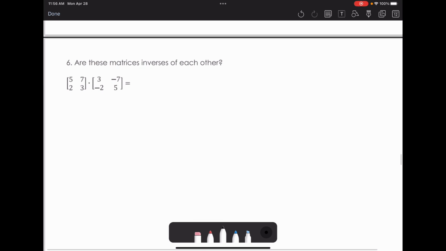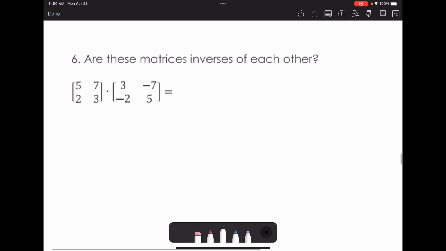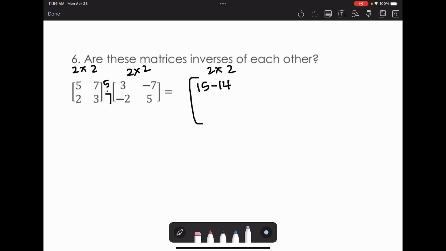Well, we'll check if these two matrices are inverses of each other first. So I'm going to take this top row and I'm going to write it along here. And this is a 2 by 2 times a 2 by 2. So we're going to get a 2 by 2 as our result. We have 15 minus 14. That's first row times first column goes here. And then we have first row times second column, that goes here.